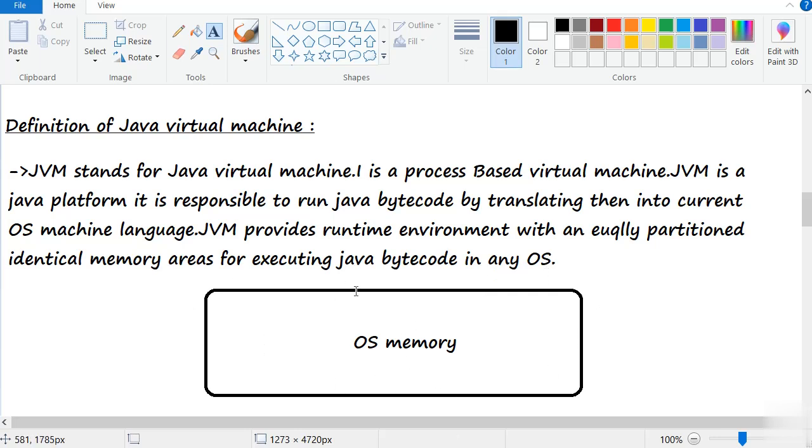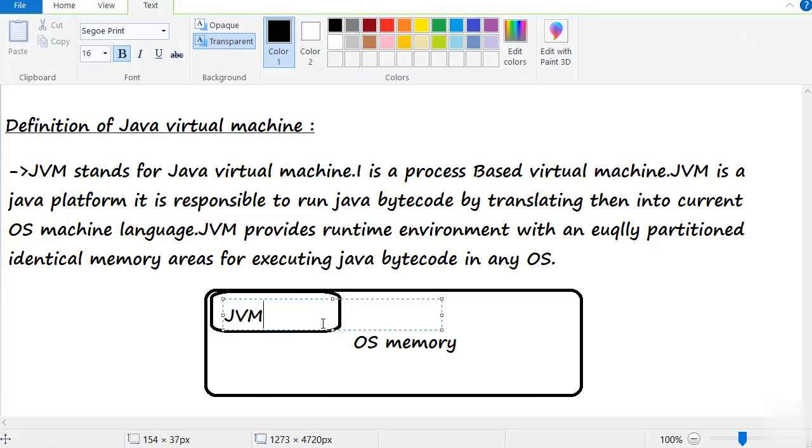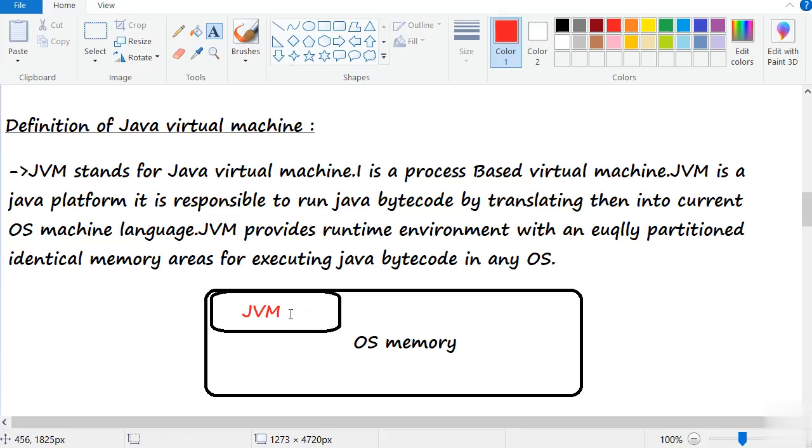In this OS memory we have separate identical memory area for our JVM, for executing Java bytecode in any operating system.